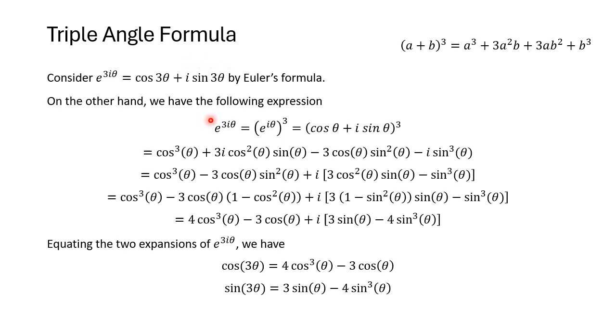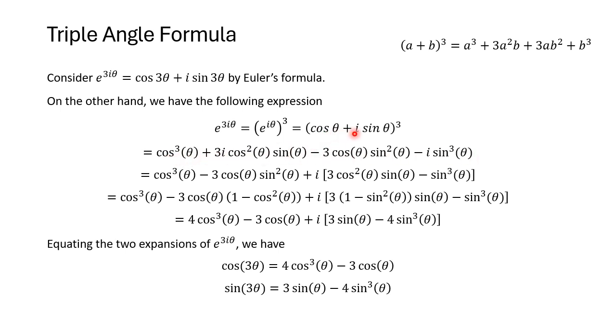On the other hand, we can write e to the 3i theta as e to the i theta cubed, and then that's, again, using Euler's formula, cosine theta plus i sine theta cubed. If we use the algebraic identity that I'm pointing to up here in the upper right, we can just multiply this out and cube it, and we get this line here.